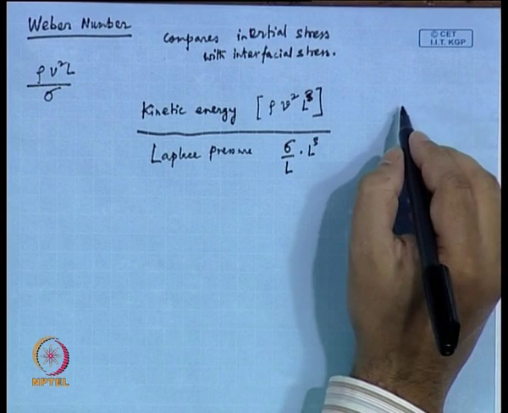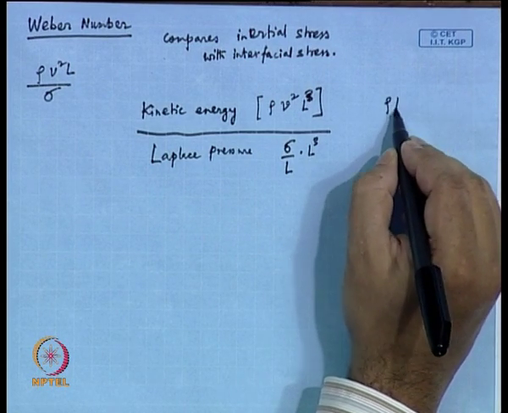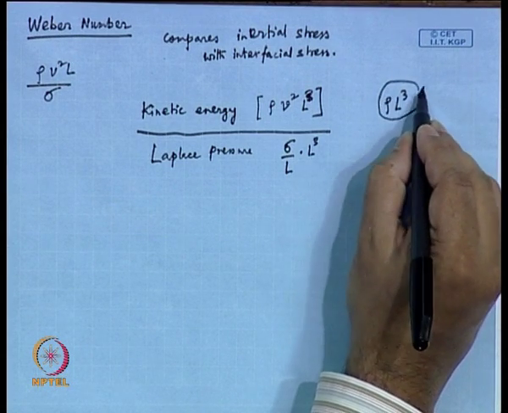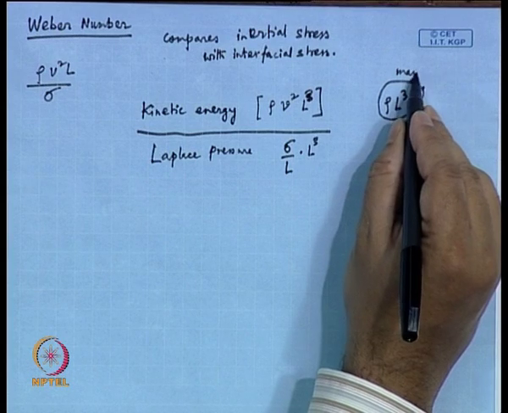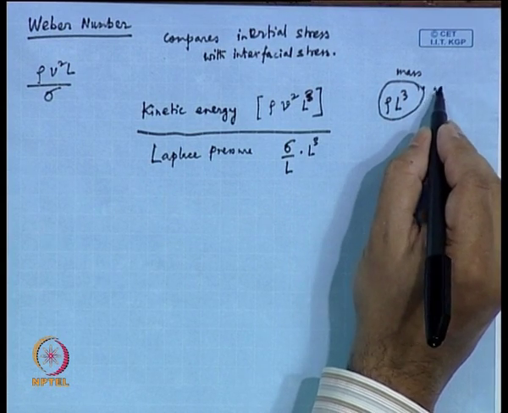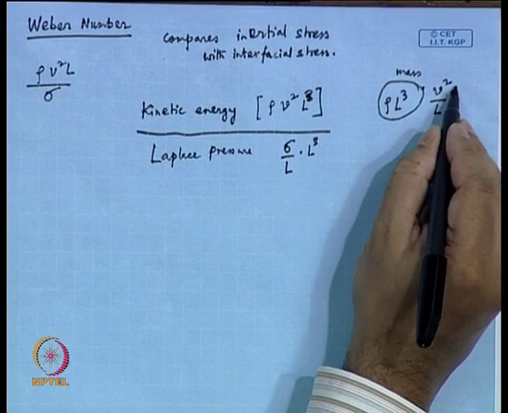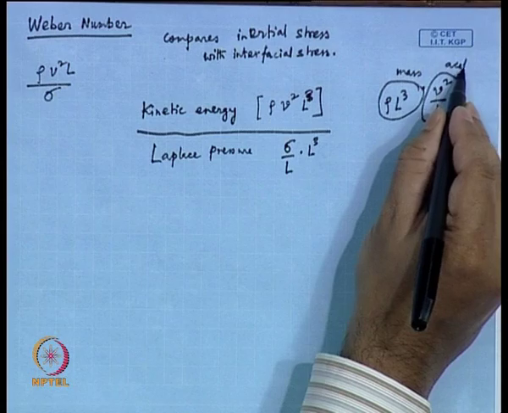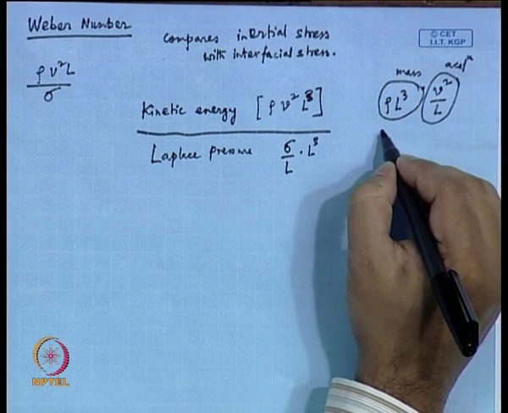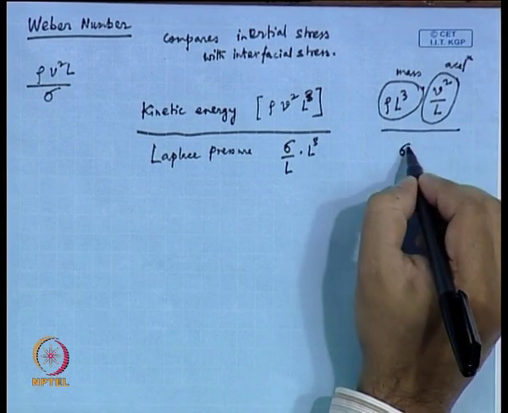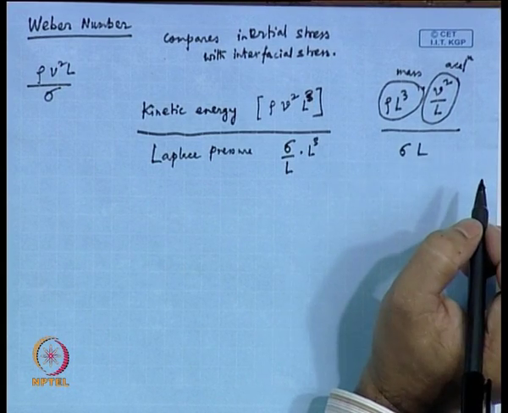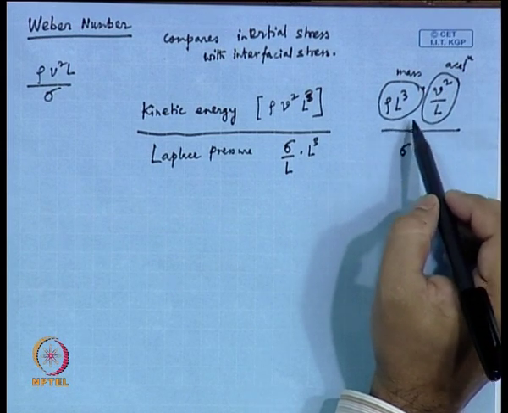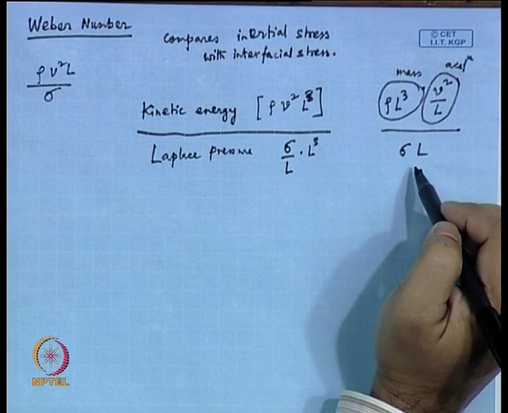Or the other interpretation could be that you think of it as rho L cube, which gives you the mass, and then you have v square divided by L, which gives you the acceleration, divided by sigma into L. So, this is an interpretation of inertial force divided by interfacial force.